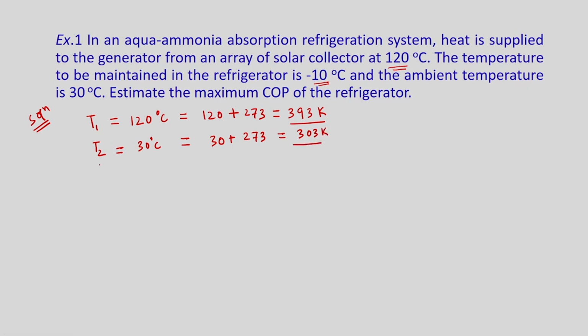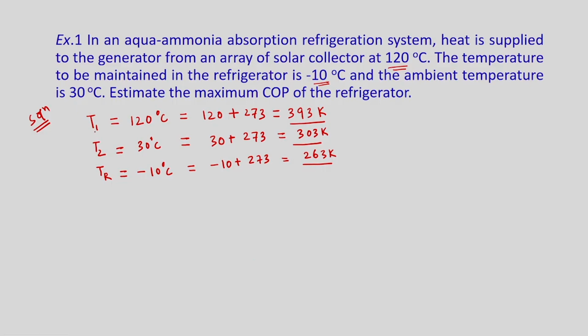And then Tr is given. We need to maintain the refrigerator temperature at minus 10 degrees C. Okay. So, minus 10 plus 273 will be 263 Kelvin, right.